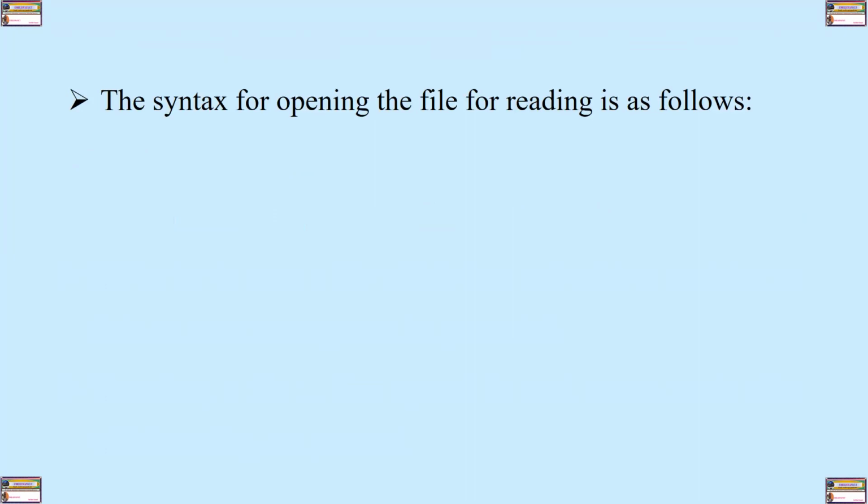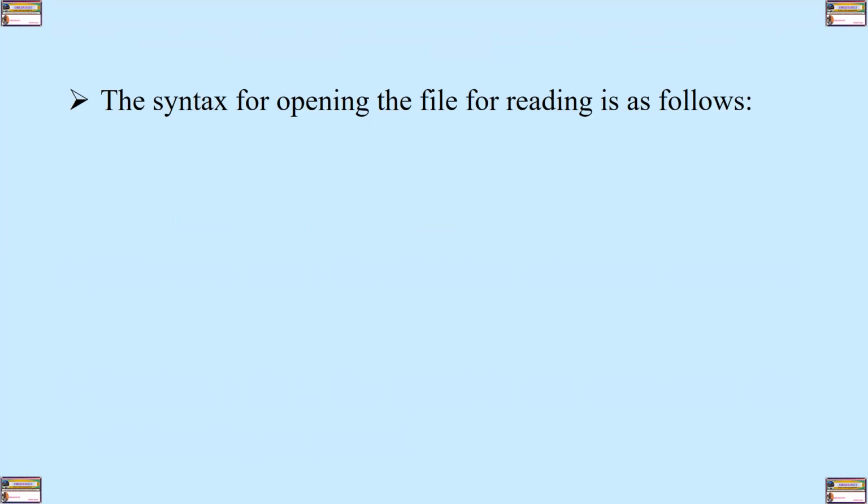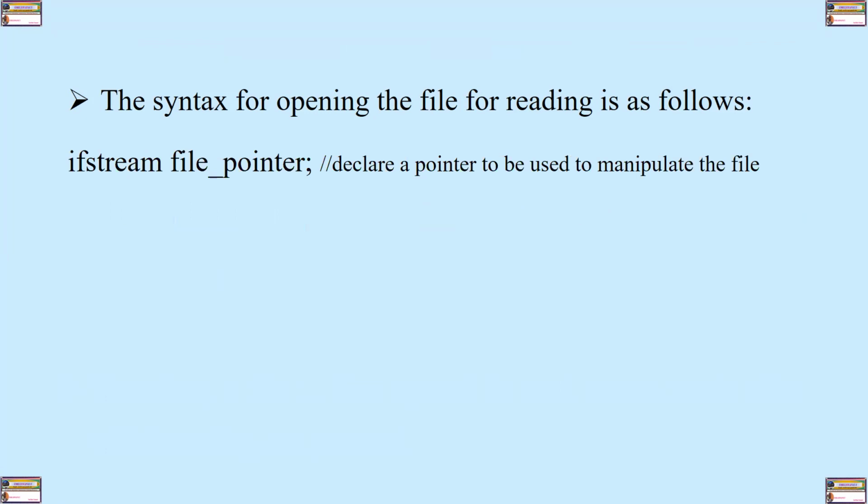The syntax for opening the file for reading is as follows. Now you can see we change the keyword to ifstream. When we were opening a file to write into it and append data, we were using ofstream.